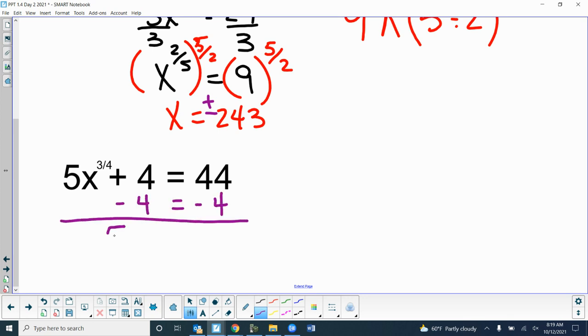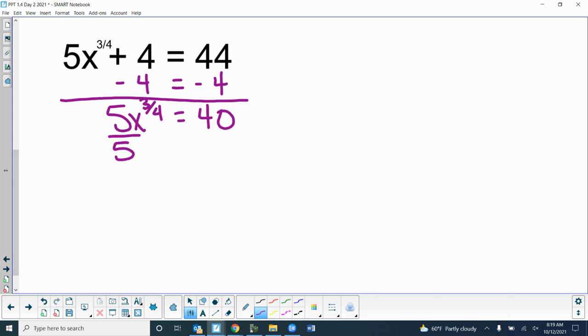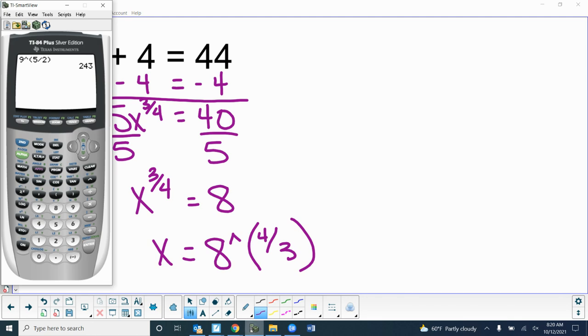So we subtract the 4. Divide by the 5. Again, stuff you're used to doing. So x is going to be 8 to what power? 4/3, yeah. So 8 caret parenthesis 4 divided by 3, close it up.